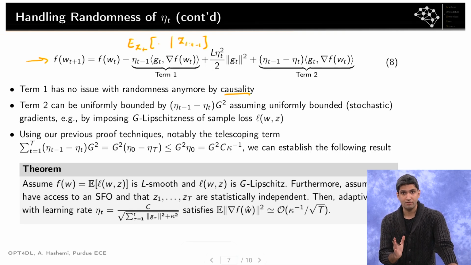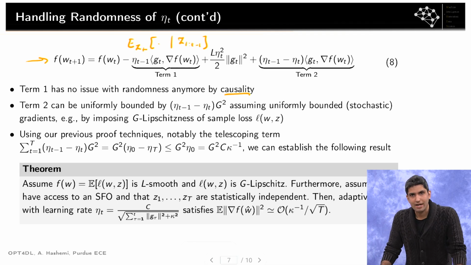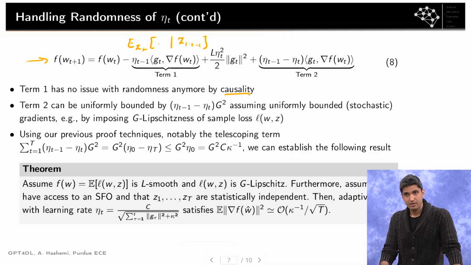I'm going to fix them by this conditioning, so therefore eta t minus 1 will become deterministic and can come out of the expectation. Exactly like the simple SGD algorithm with constant learning rate that we studied in the beginning of the class. Right, so therefore this is great. This simple technique of adding and subtracting terms helps us to get rid of that expectation issue by leveraging the causality.